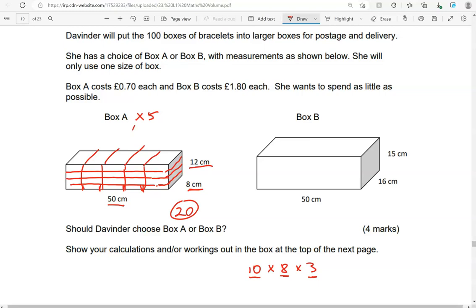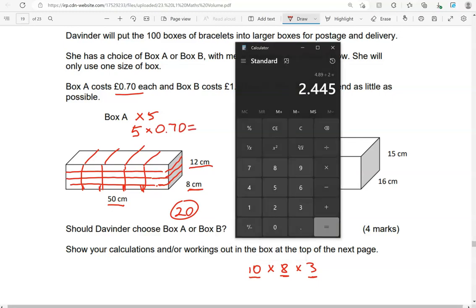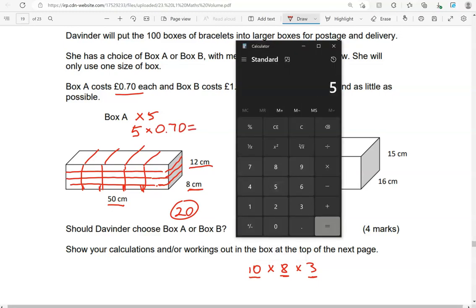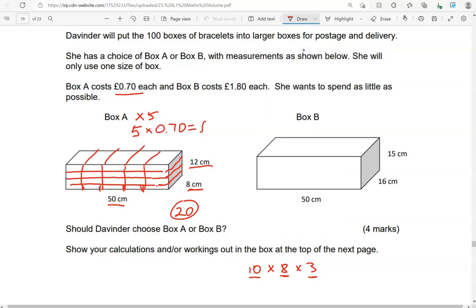The cost per box is 70p, so 5 times 0.70 gives us 3.5, so that is £3.50 for box A.